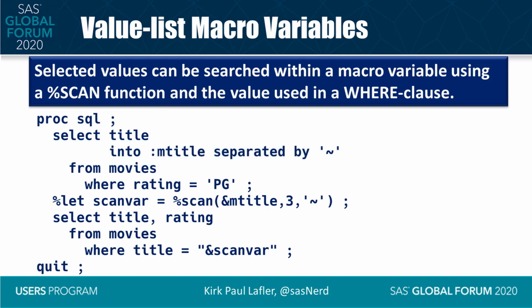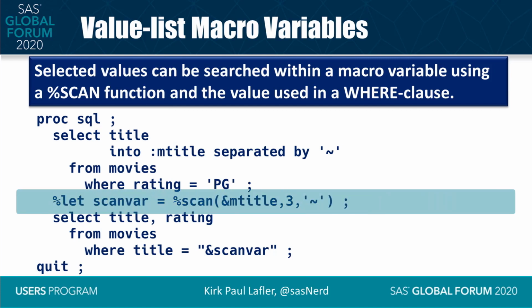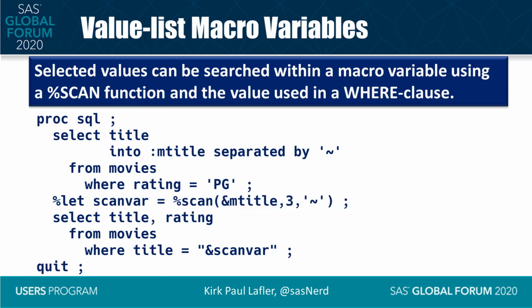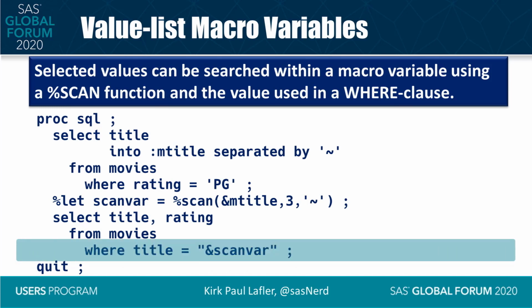We're going to use the %scan in a %let statement, and we're going to assign the value for the third word for the macro variable we created, &M title, looking for the third word, in other words, the one after the second tilde, and we're going to store the results in scan bar. It's a new macro variable that's going to contain the name of the movie of the third word in this list of values. Then we're going to use in our where clause, where title equals &scan bar. So &scan bar is going to resolve to whatever the third word is.